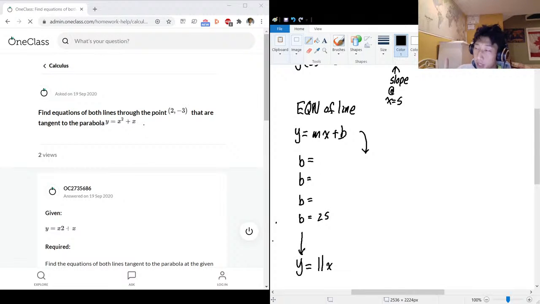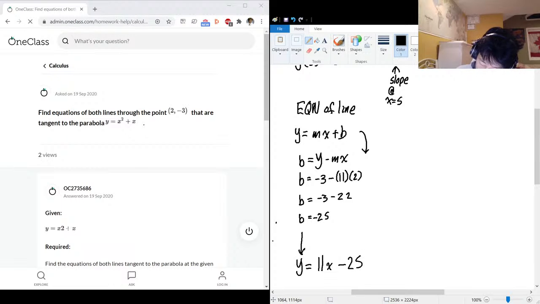Mistakes don't make you dumb. Repeating mistakes makes you dumb. So this is actually y minus mx. So y we had negative 3 minus 11 multiplied by x, which was 2. So we got negative 3 minus 22, and that is negative 25. So our b is negative 25, and our equation here is 11x plus b, and b is minus 25, so we'll just put that here.